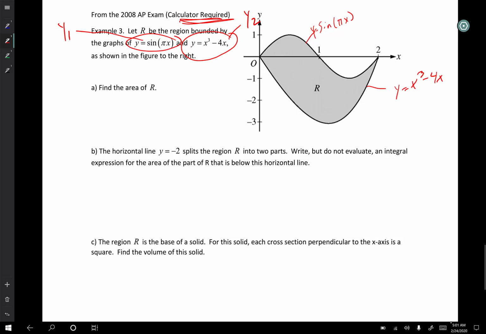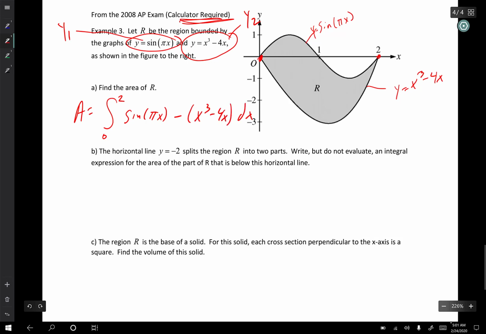Which one's on top? The sine pi x is always on top. And then we're just going to subtract x cubed minus 4x. So area equals integral from 0 to 2 of sine pi x minus x cubed minus 4x dx.